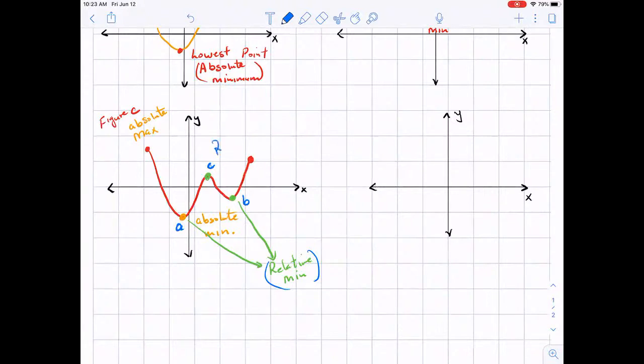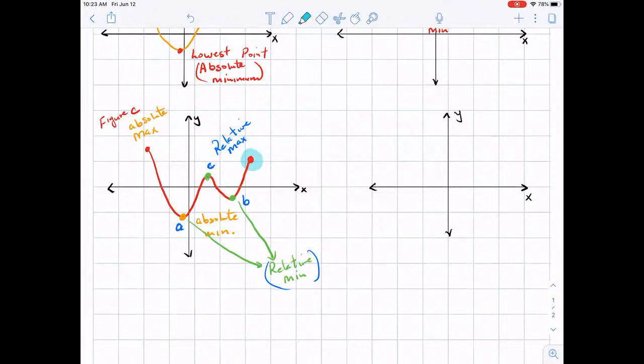So this point here would be a relative max. Now this other point here is not a max. It is not a relative max because you can find points to the left of it, but you can't find points to the right. So it's not a relative max.